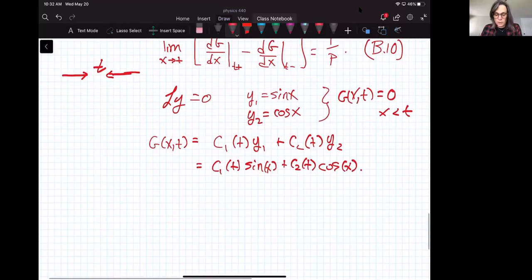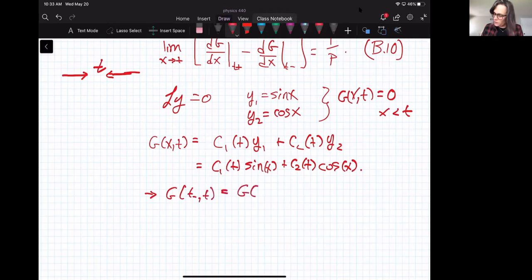We don't have any boundary conditions. So the only thing that we can do is look at the join between these solutions, or the join of Green's function as we approach t. In other words, g, as x is approaching t from the negative side, is a function of t.